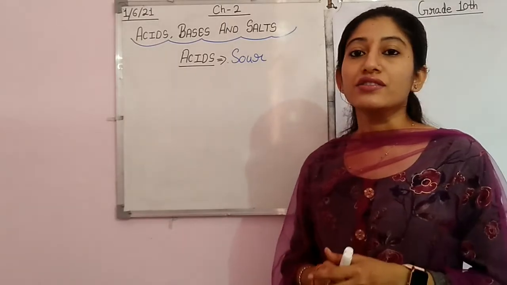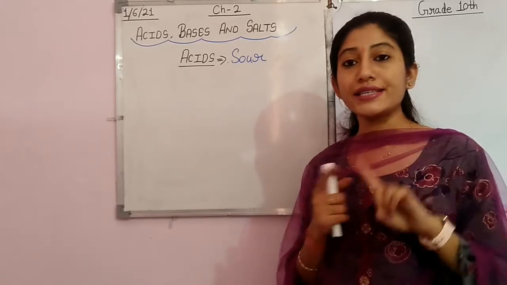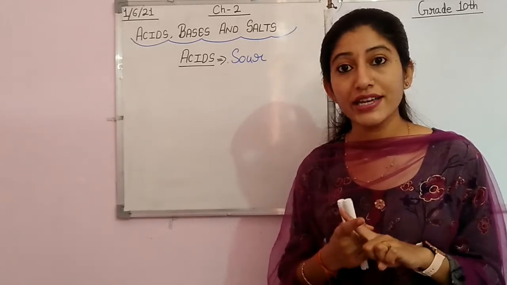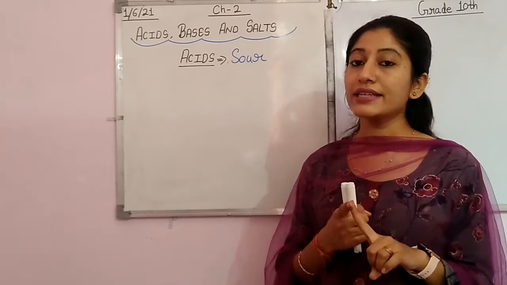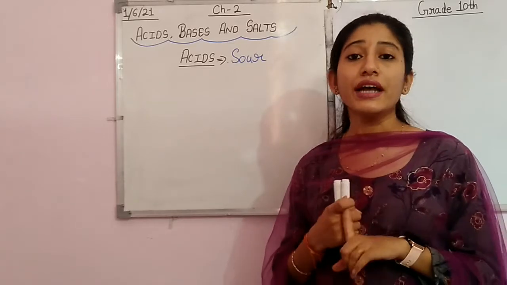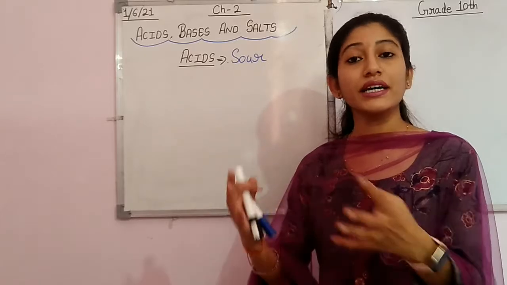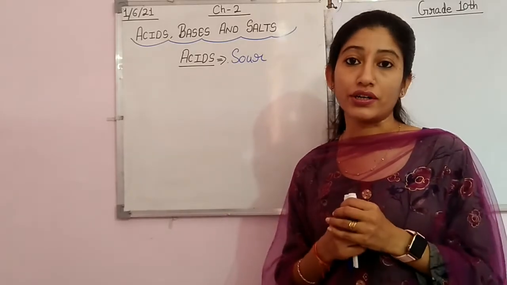See students, as we know that acids have sour taste, but it is not possible to taste every acid because many acids are harmful also. Then how will we come to know whether the given item contains acid or not?